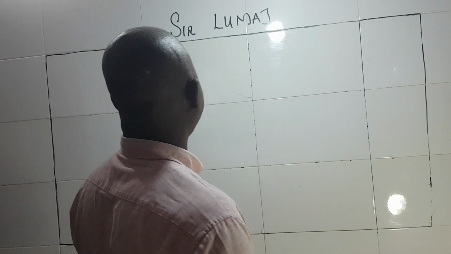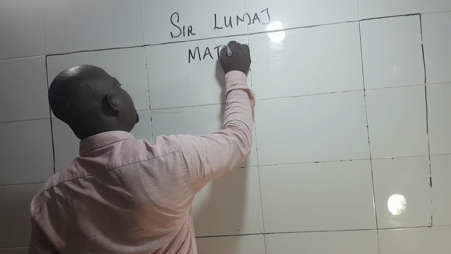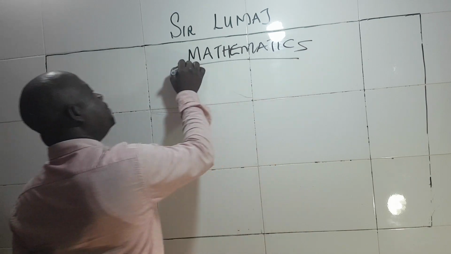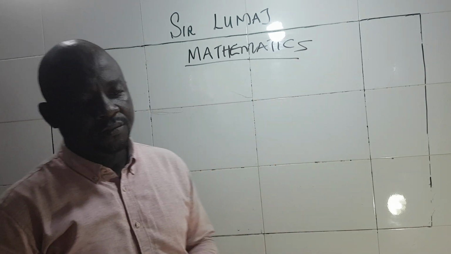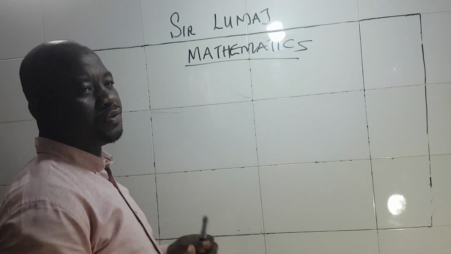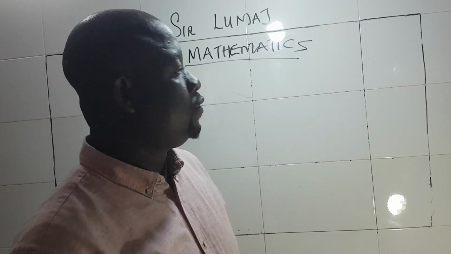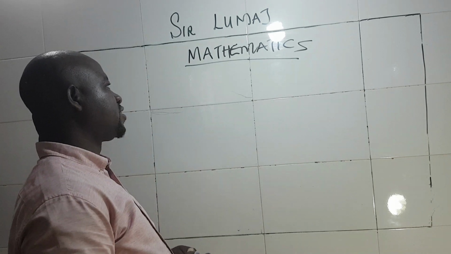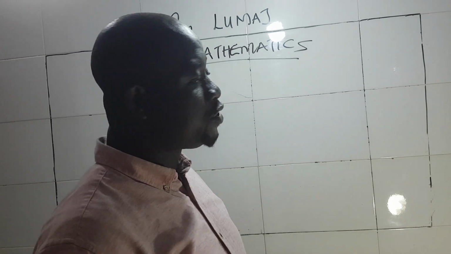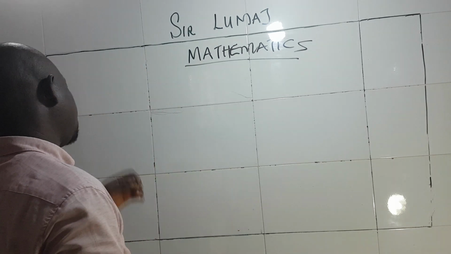So today, our subject is mathematics. The question is, what are the basic principles that must be understood for you to successfully work out or perform some functions in mathematics?